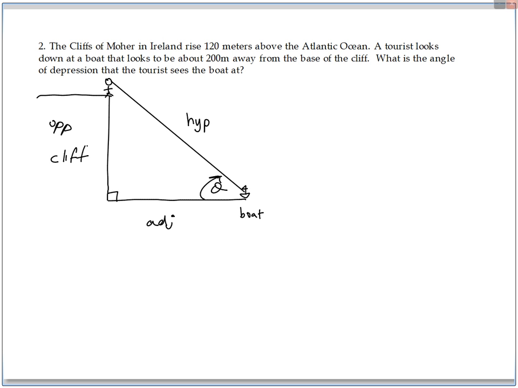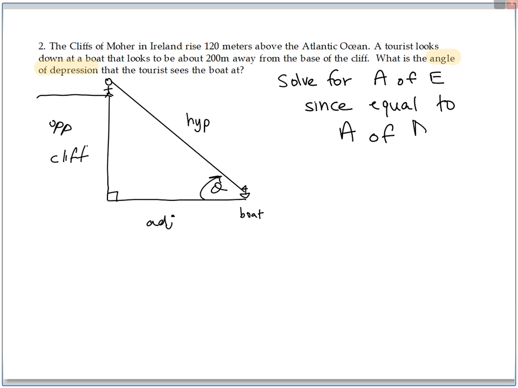They asked for what? What's the goal of this question? The angle of depression. So if I solve for the angle of elevation, I get the angle of depression for free. All you gotta do is solve for the angle of elevation.